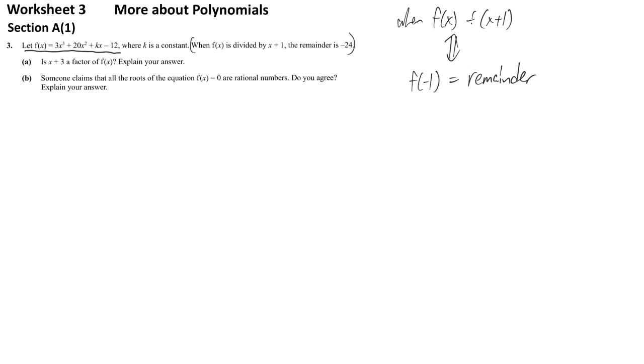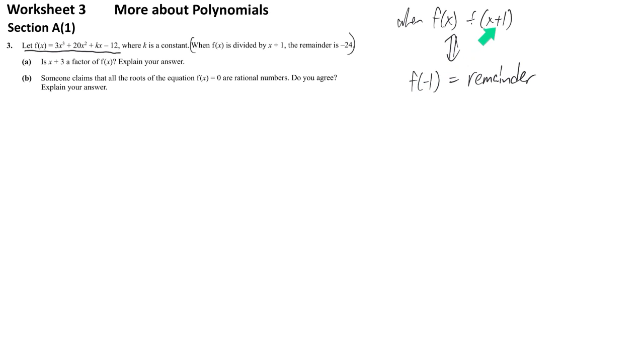Why it is negative 1: we are putting a suitable x such that our divisor becomes 0. That means negative 1 plus 1 will give you 0. So it is negative 1.